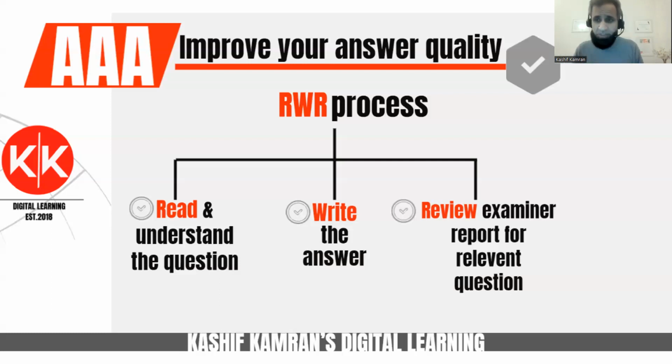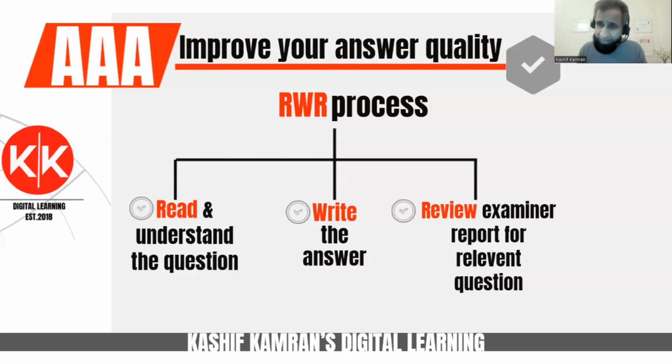There are general comments given in the examiner reports for the overall exam setting. And then there are specific comments on a question by question basis. So if you have attempted the answer to question number 1, for example, you'll open up the examiner report for question number 1 and you will read it like a story from the start to the end.